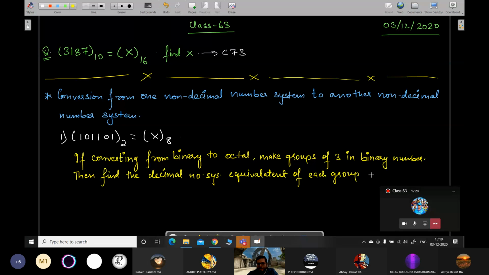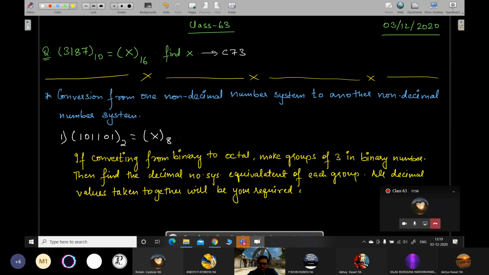Of each group, all decimal values taken together will be your required octal number.